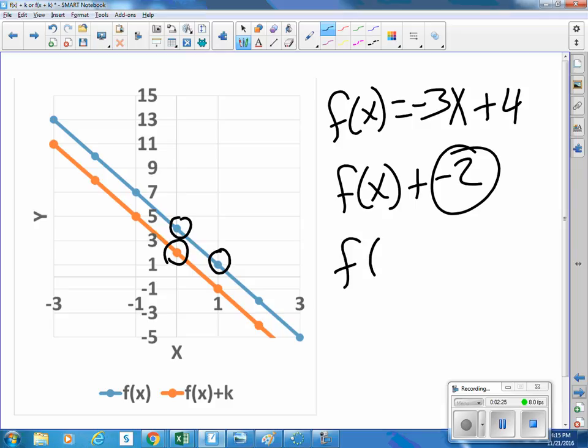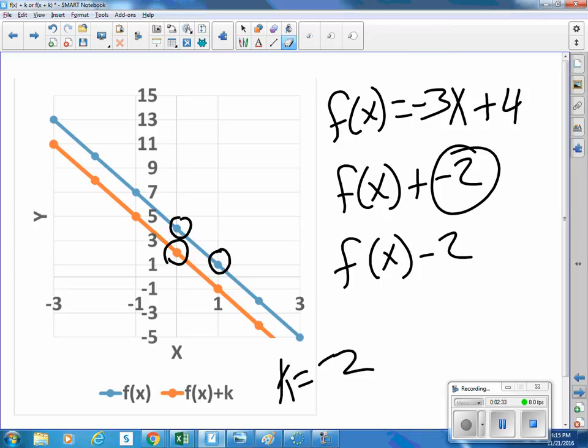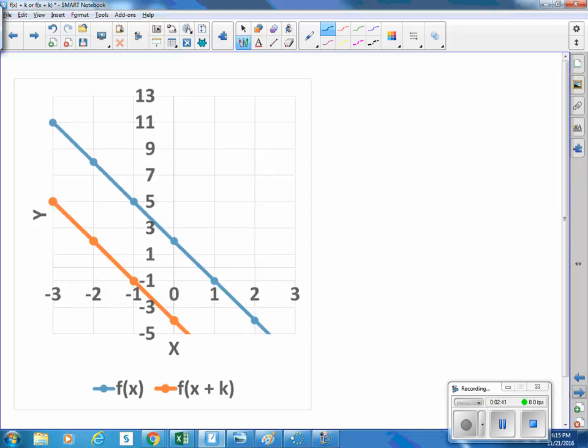Typically we write it not just like that. Anyways, k is -2 outside the parentheses there.